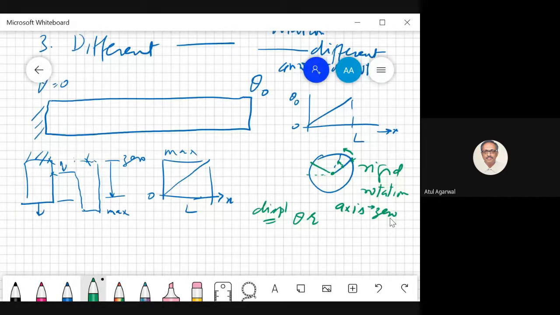So you see the points on this axis do not move at all. This was my original line on this rod. After deformation, you will find this line has rotated.